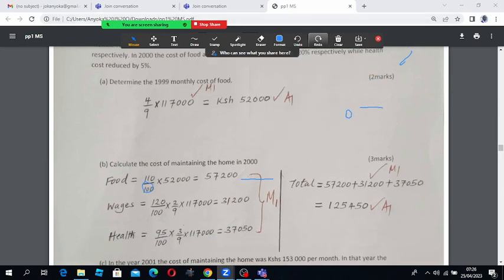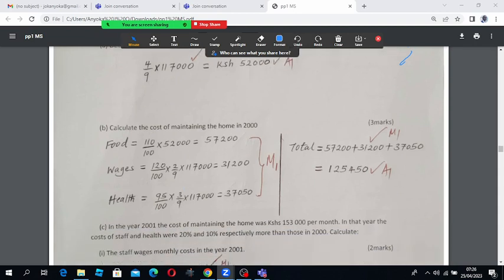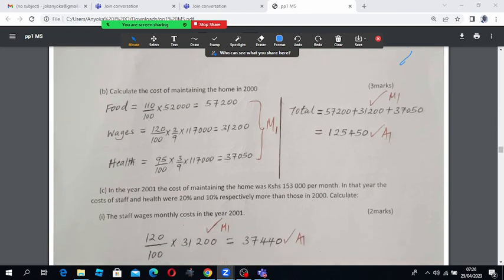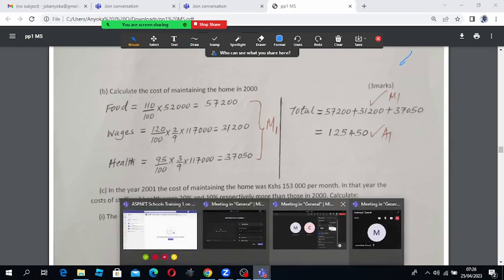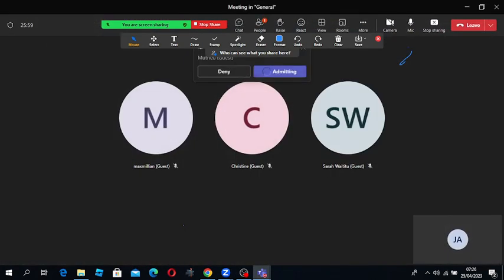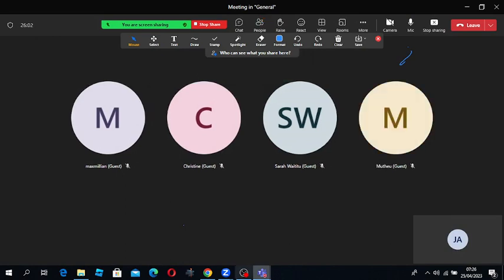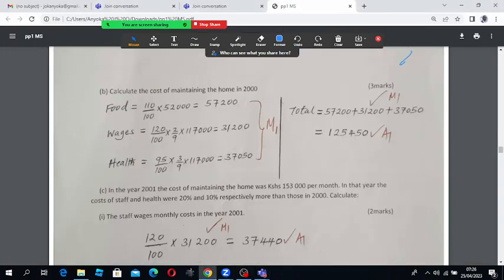Then we have to calculate the cost of maintaining the home in 2000. So here we are interested in getting the amount for running a home, the total cost.